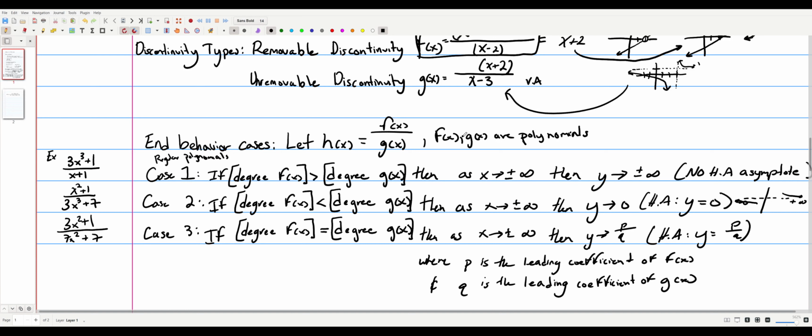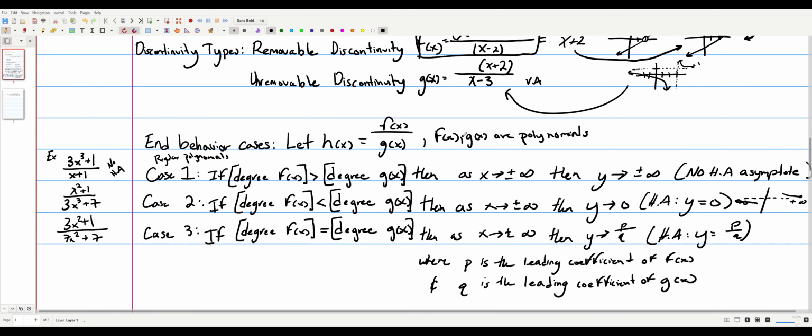And so you can see in this case, we have case one, where the degree of the polynomial on top is a 3, but the degree of the polynomial on bottom is a 1. And so since 3 is larger than 1, this is going to tell us that we have no horizontal asymptote.